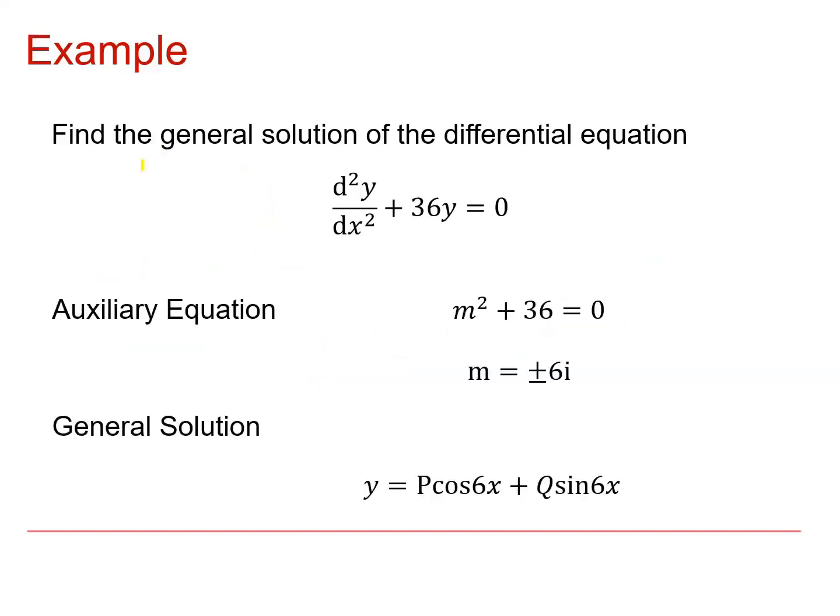Again, that's just written up tidily. There's your original equation. Here are the roots of the auxiliary equation. And finally, just this result here. You can move straight from the roots of the auxiliary equation to quoting this as your general solution.